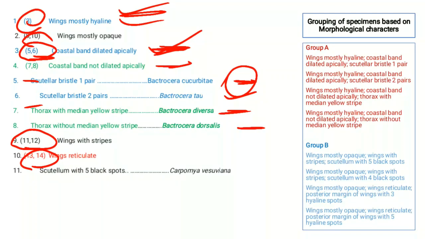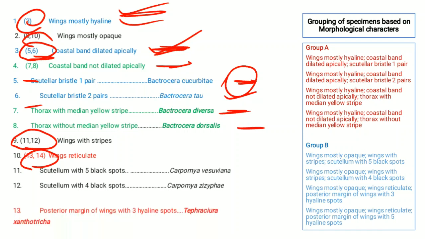Next is at number 11, scutellum with 5 black spots. If the specimen has wings that are mostly opaque, wings with stripes, and scutellum consisting of 5 black spots, then we will identify it as Carpomyia vesuviana. Next, if the scutellum consists of 4 black spots, then it will be identified as Carpomyia ziziphi.